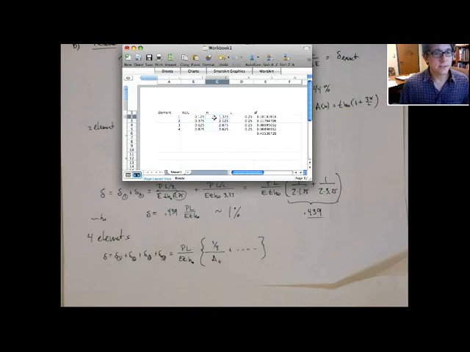Then this is just using the equation for the height normalized by H naught. All right, so actually I probably should call this H divided by H naught, because that's really what that is.